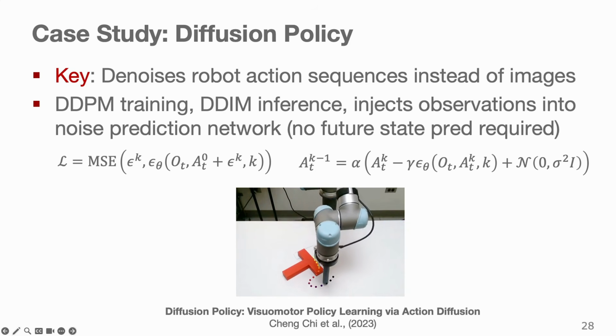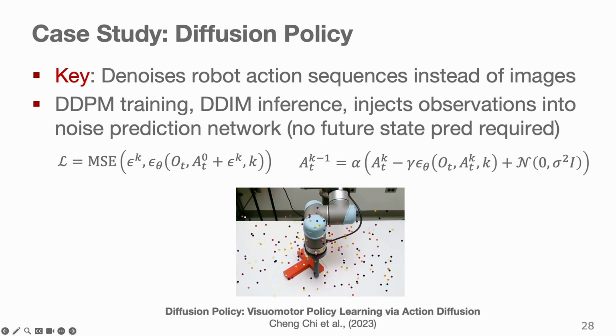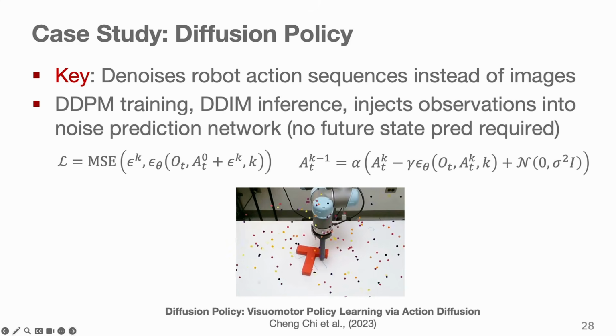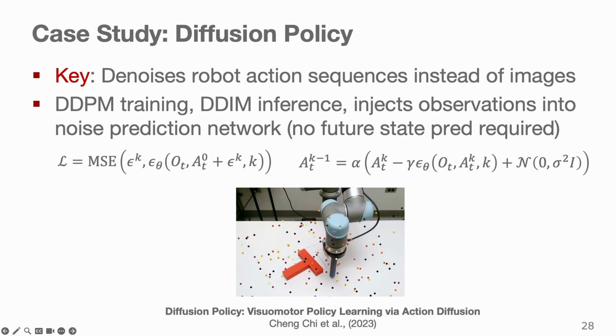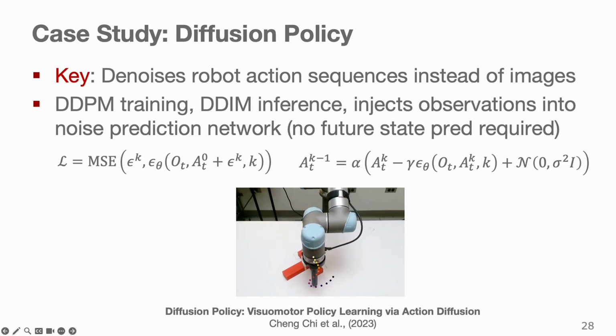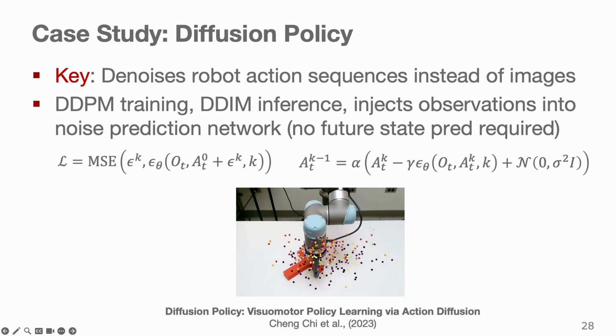Instead of denoising an image, we denoise a sequence of robot actions, A_t. The training objective is exactly the same. So we use the DDPM loss for training, and DDIM for faster inference with fewer denoising steps. And then crucially here, the observations, like the current camera image or the robot state, get injected directly into the noise prediction network as a condition.